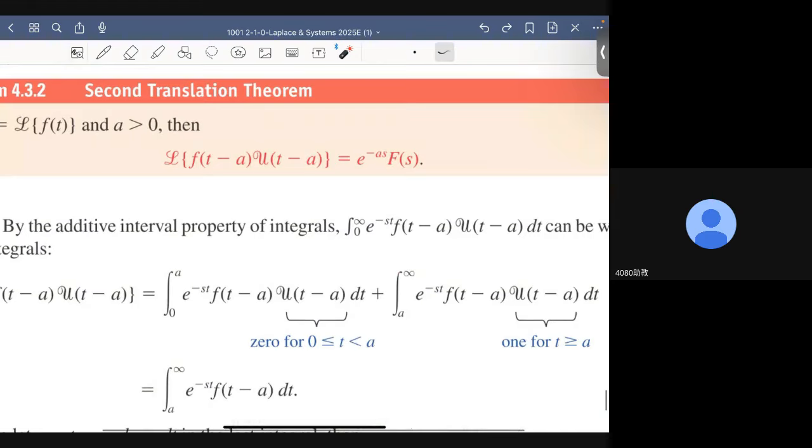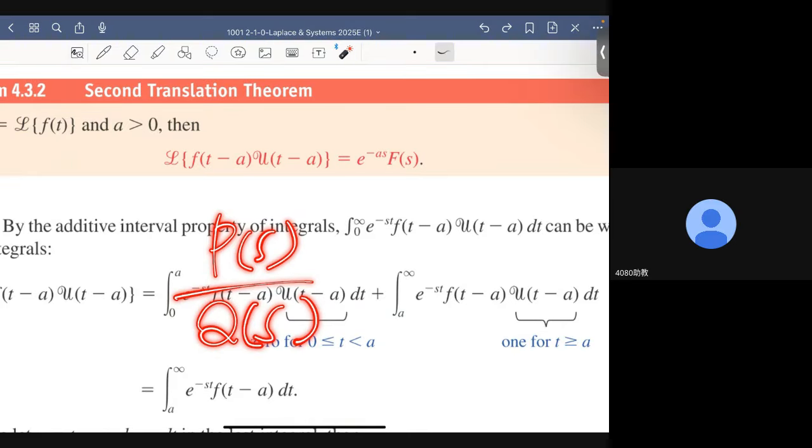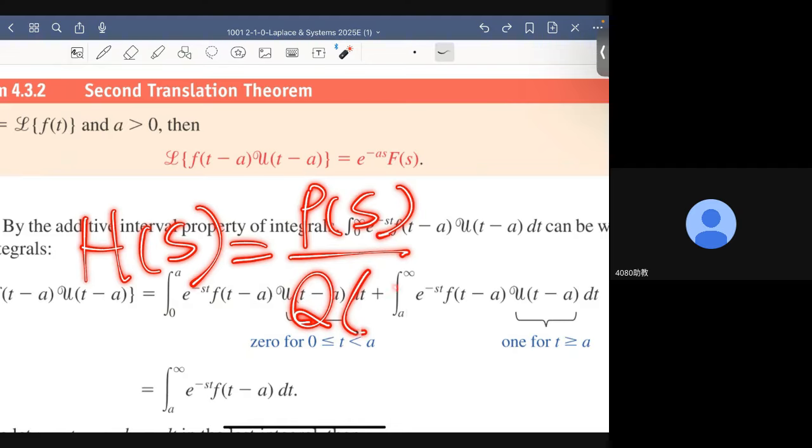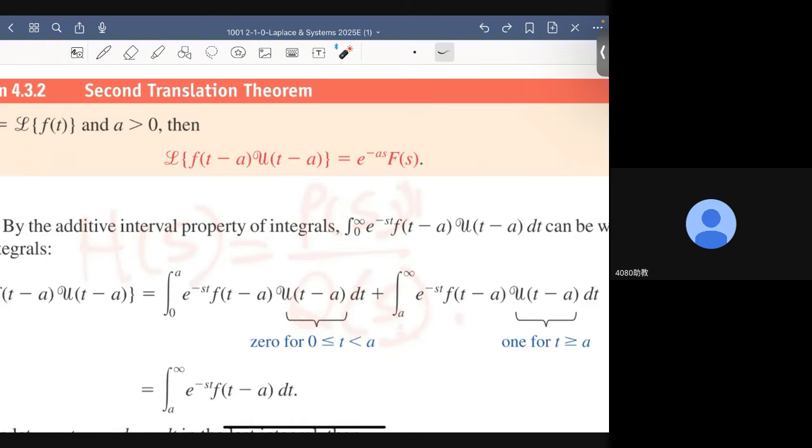So typically in the s domain, what you will see is polynomials of s. It can be P(s) over Q(s), right? That means you can encounter a transfer function made of P(s) over Q(s), where P and Q are both polynomials. So in the s domain, typically what you will encounter is polynomials of s.